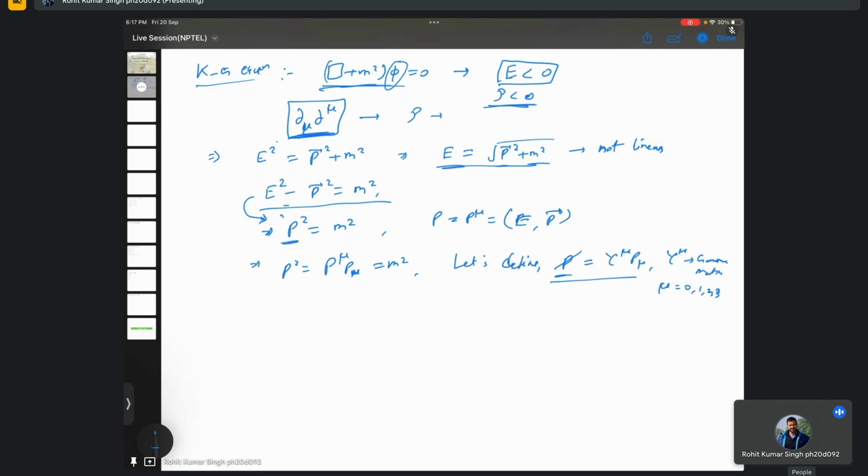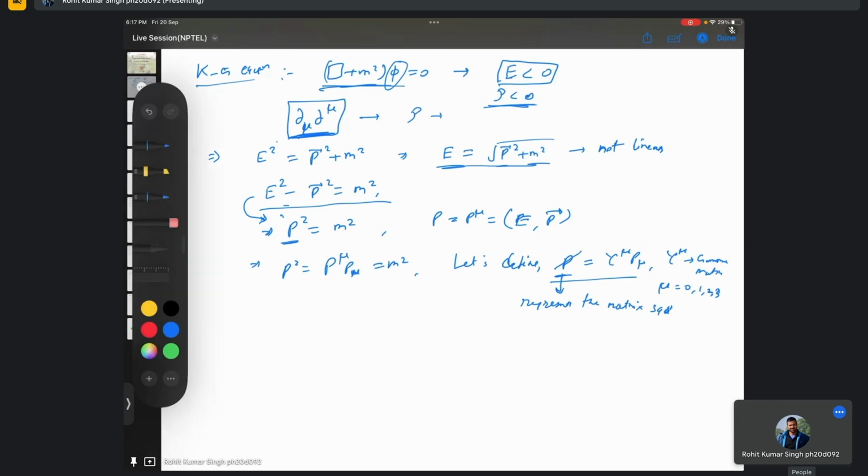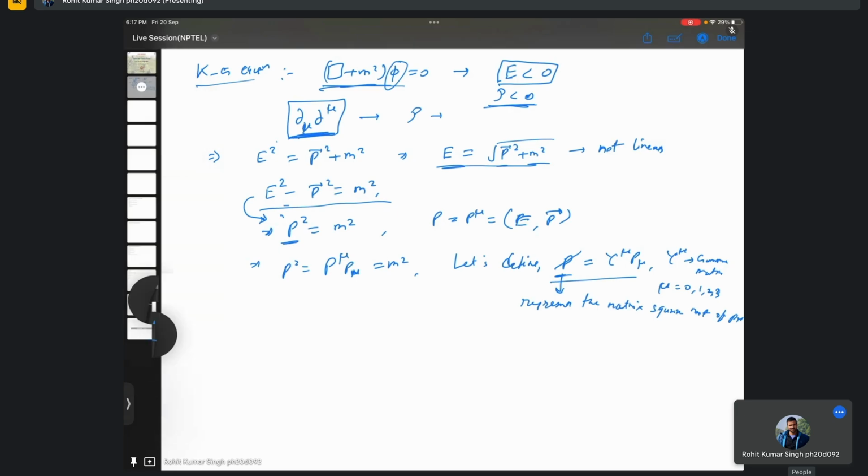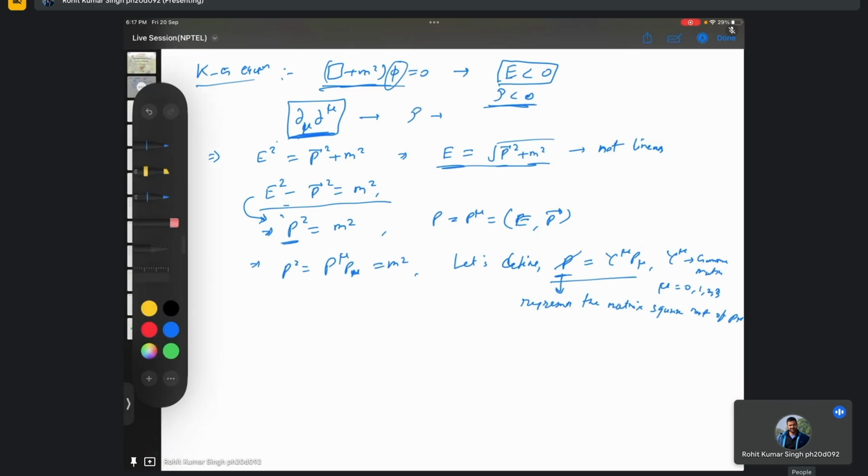Let's see. We are going to say that P slash represents the matrix square root of P squared.